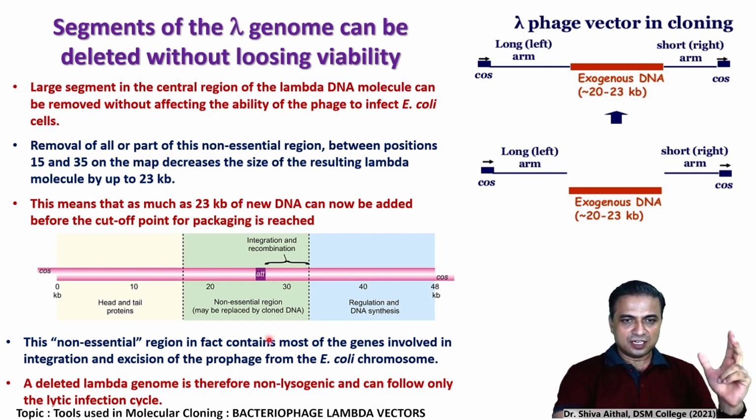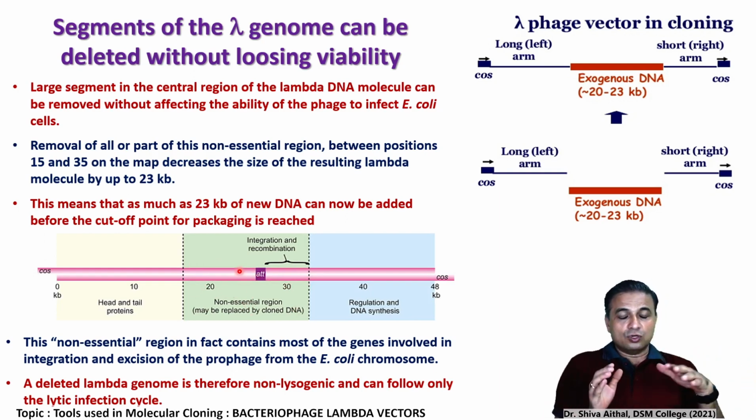As you can see here in the figure, there are certain non-essential regions from around 15-16 on the genetic map, 15 to 35 position. These are about the kilobases, around 15 kilobases to 35 kilobases on the genomic map. This part is called the non-essential region.